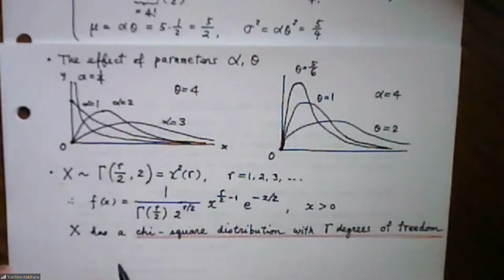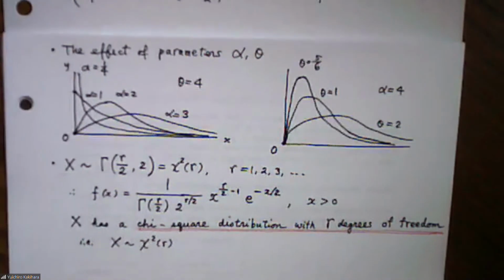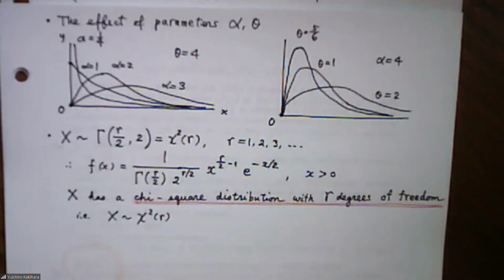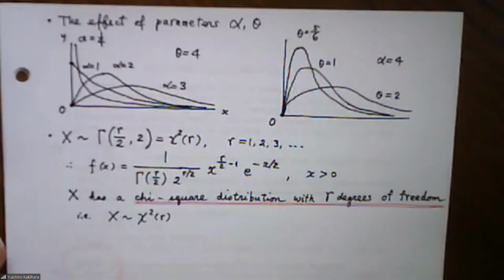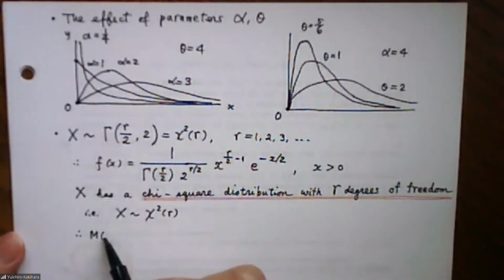So once again, X is chi-squared of r. Then can you tell me the moment generating function and also the mean and the variance? So what is the moment generating function?